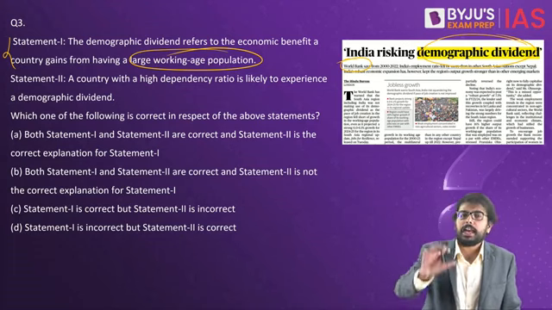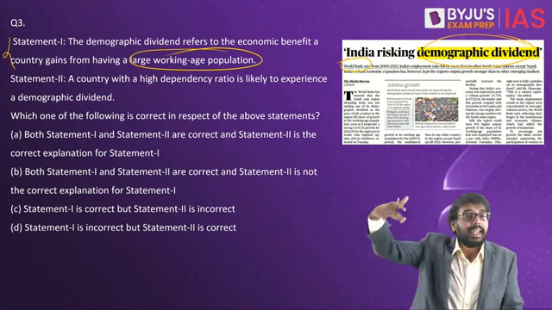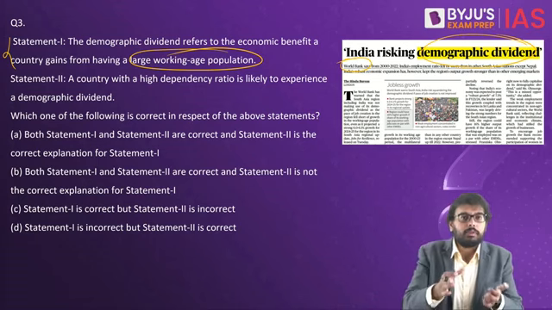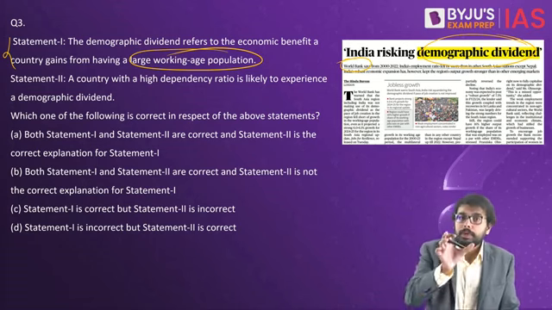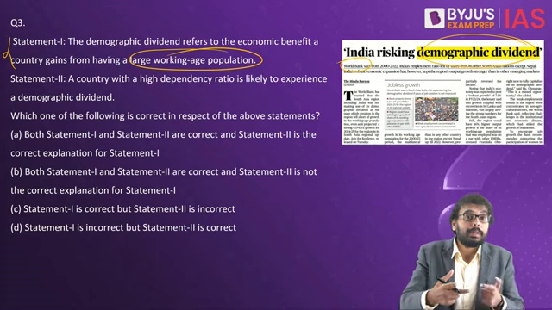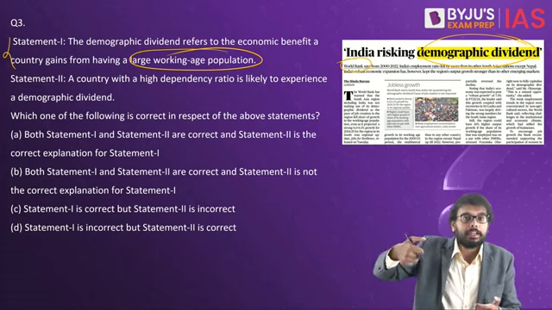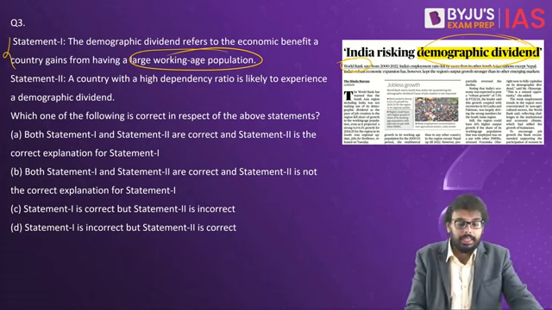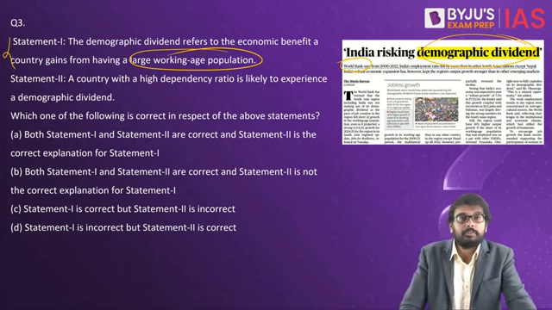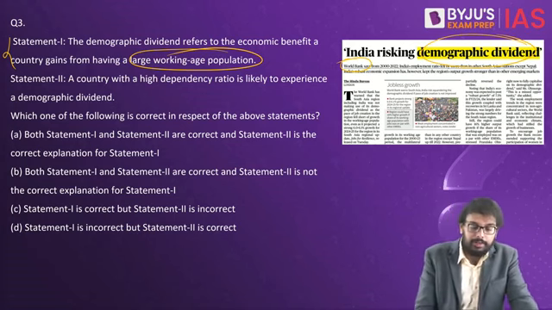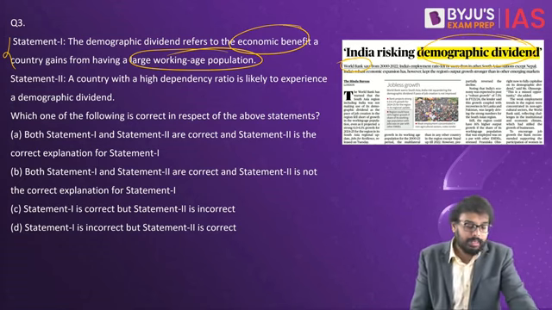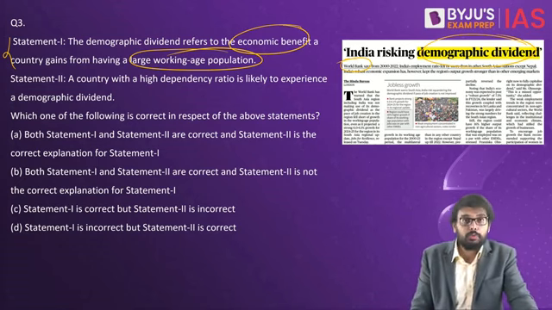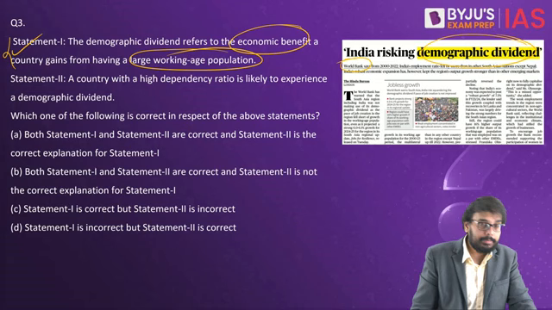The non-working age population are your kids, say 0 to 15, or elderly people who are not in the working age population. So when the working age population is more, and because of this there is increased economic activity, that period is called your demographic dividend. So statement 1 is absolutely right.